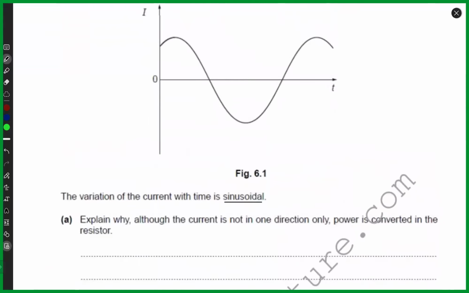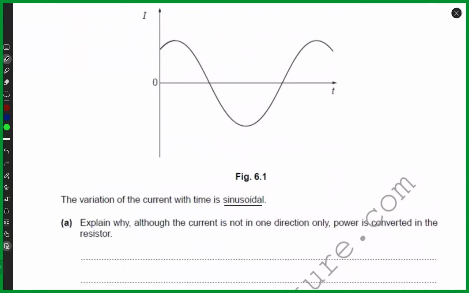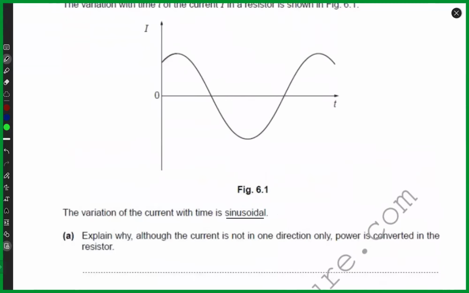Why? What they're saying is that there will be some power loss, right? Power that would be converted in the resistor, again related to that problem we did on the heating effect.